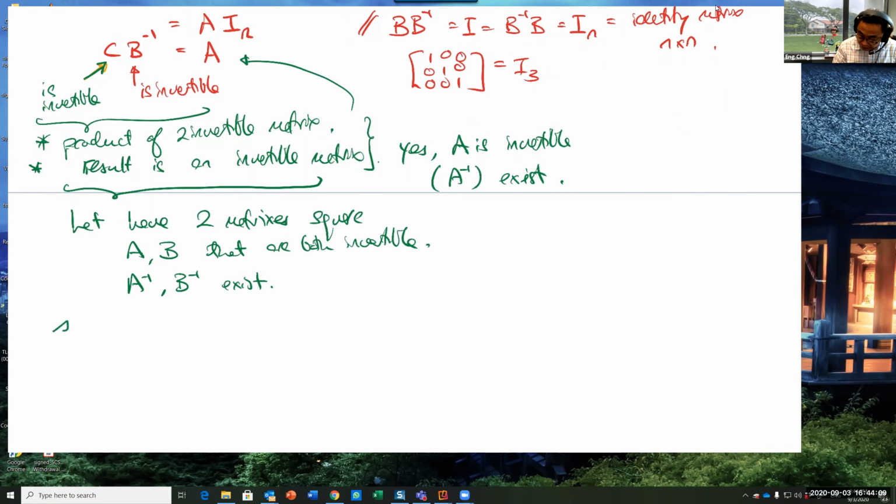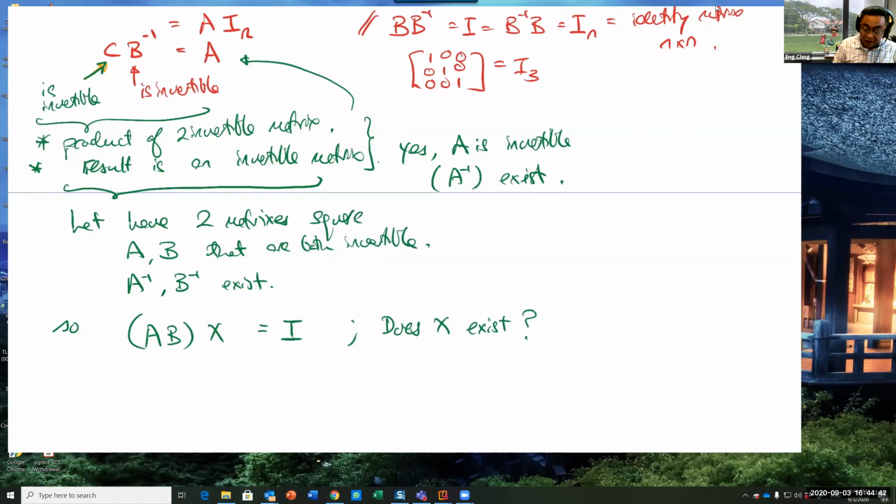So AB is their product. And if the inverse exists, let's call it X. So does X exist? If it does, then AB is invertible, right? By the definition of invertibility.